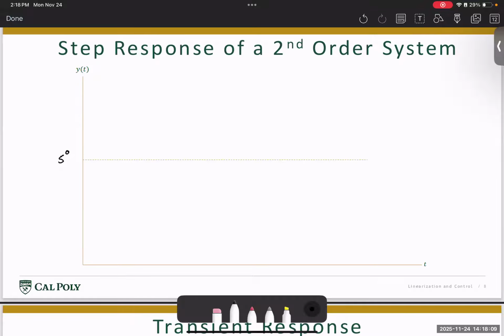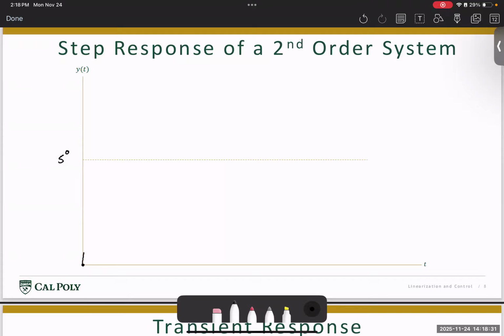This is the point where we want the aircraft to settle. At some time t0, we start to add a control input, which is basically telling the aircraft we need to pitch up by 5 degrees. In the first case, if we choose a zeta value between 0 and 1, then the system becomes underdamped.